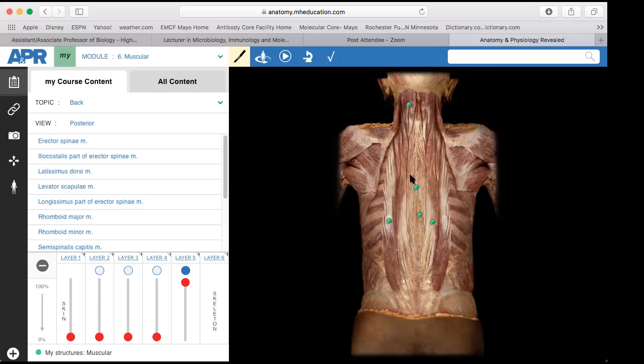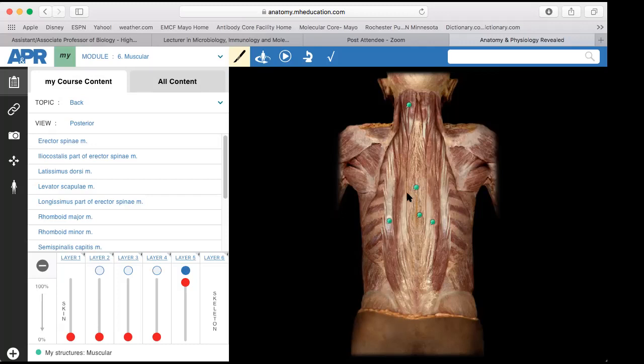The erector spinae are the ones holding up your spine, basically your vertebral column. They're much deeper than your trapezius and the rhomboids. These are holding up your posture, basically your posture muscles.